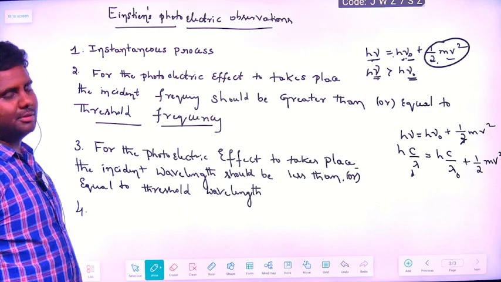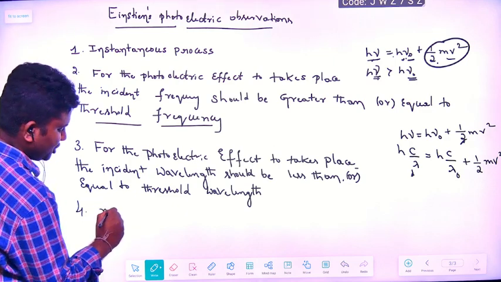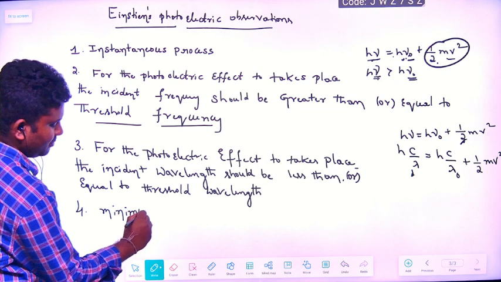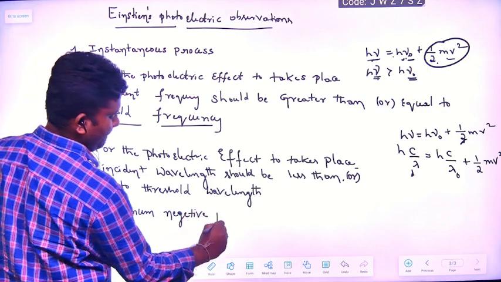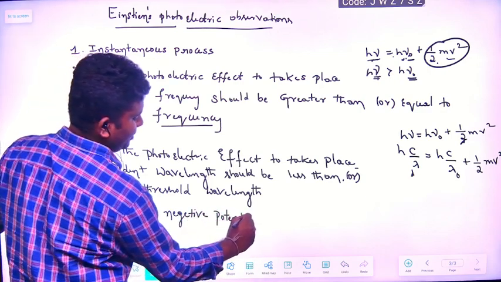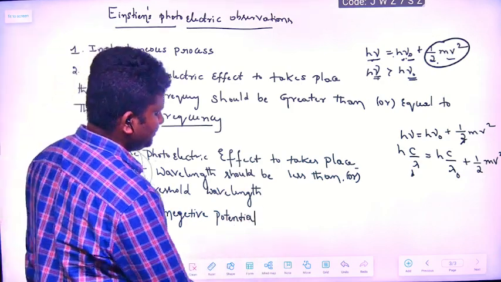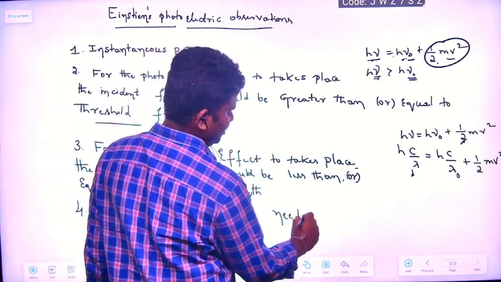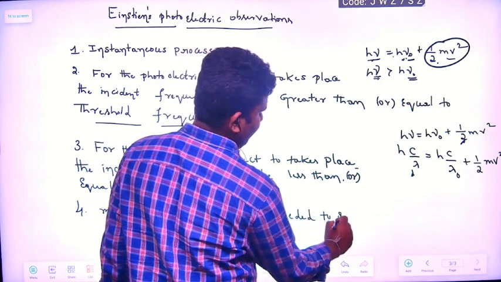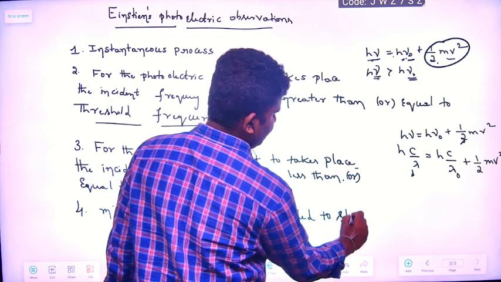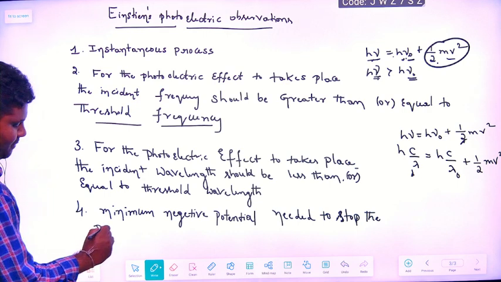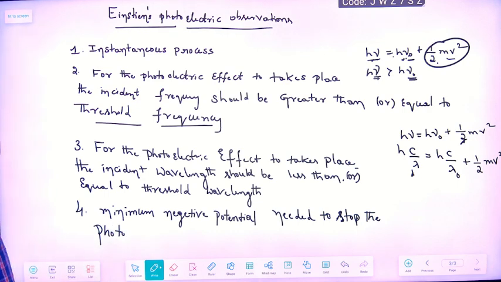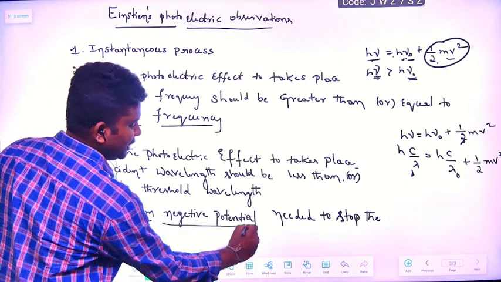The minimum negative potential needed to stop the photoelectrons, that is, the minimum negative potential applied to the collector plate.